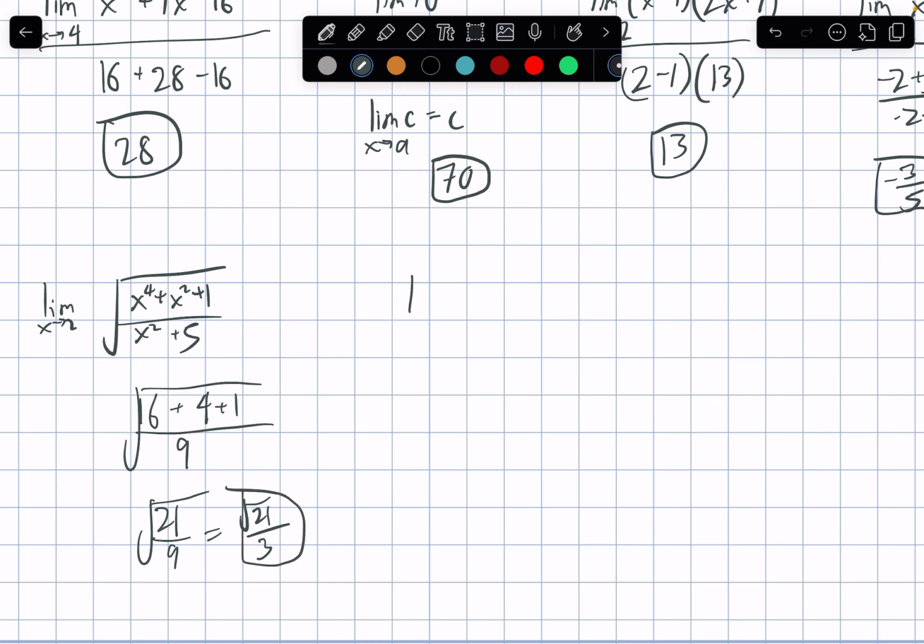This would do. What about x cubed minus 2x minus 4 over 2x cubed minus 3x minus 4 as x approaches positive 2? So 8 minus 4 over, 2 cubed is 8, 16 minus 6 minus 4.